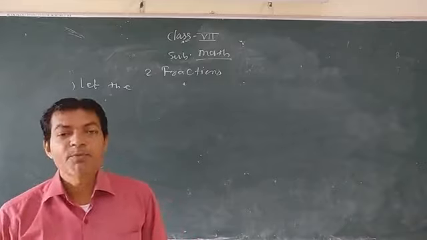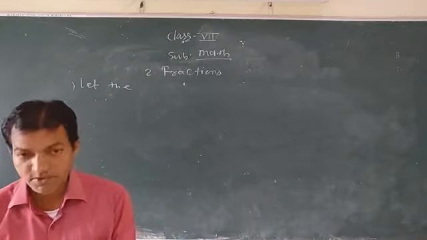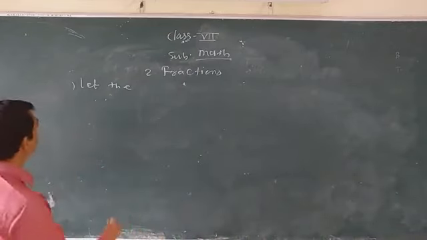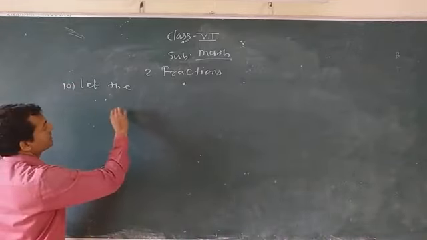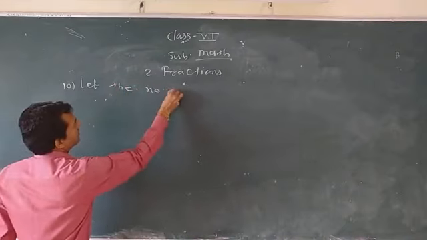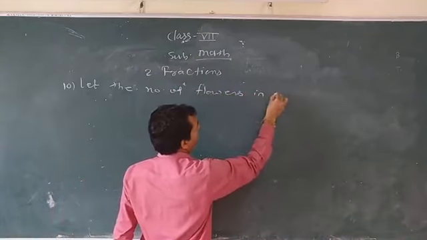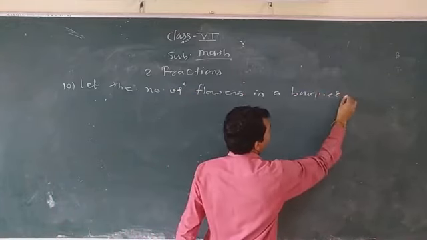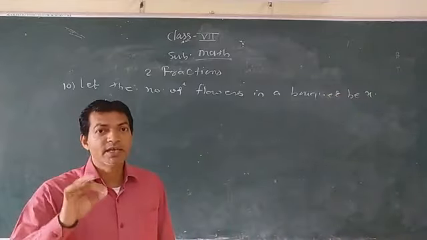Okay, so suppose that in that bouquet there are X number of flowers. So we can write: let the number of flowers in a bouquet be X. Okay, so the total number of flowers in that bouquet is how many?